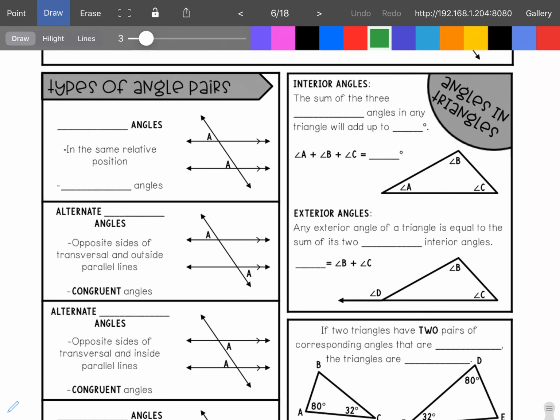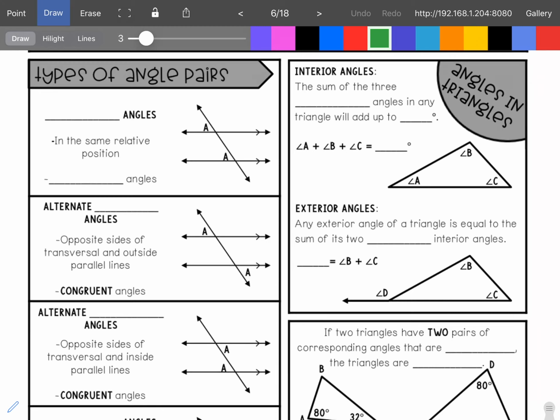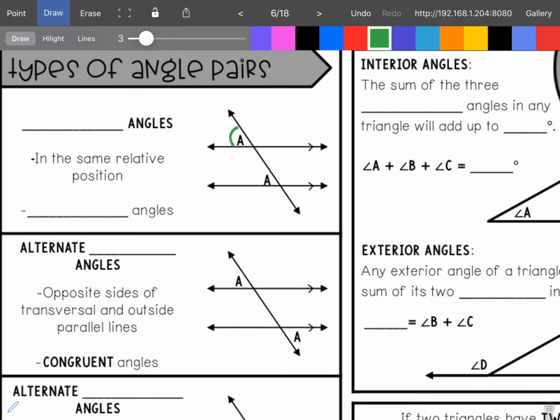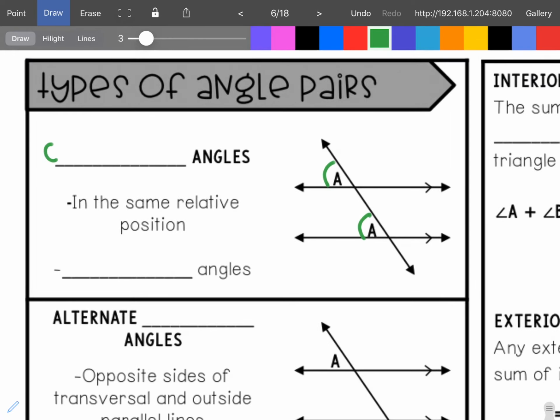Okay, so types of angle pairs. If we look at this angle here and this angle here, those angles are called corresponding angles. They're in the same relative position and they are congruent, which means they are equal to each other.